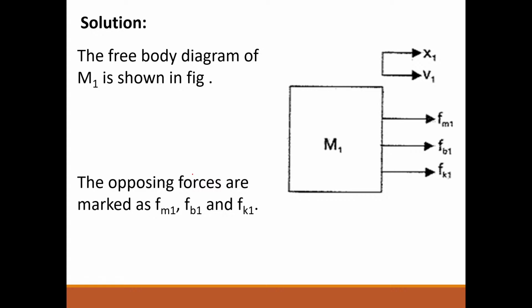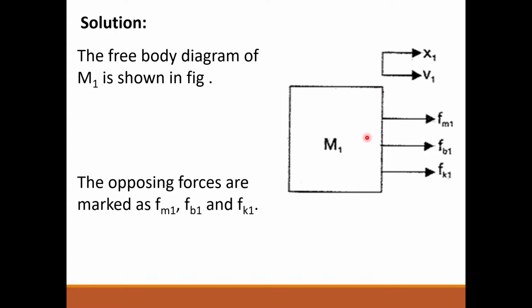Let us consider mass 1. Already in the question itself, they have mentioned the displacement x1 at mass 1. Velocity is not mentioned, but we will assume it as v1. So write displacement x1 and velocity v1. Let us draw a rectangular box and write m1 inside it.